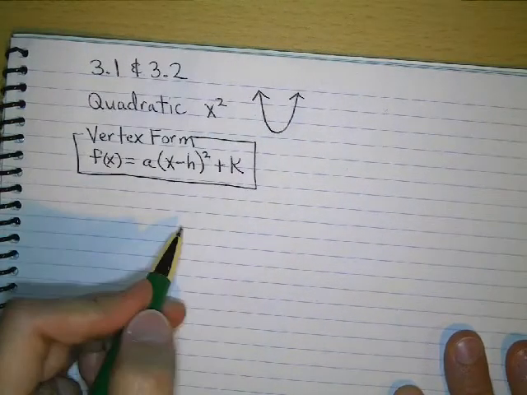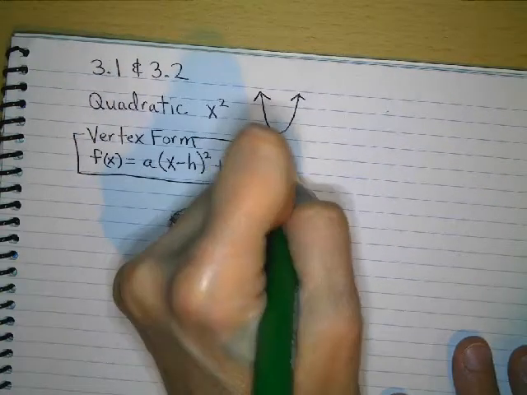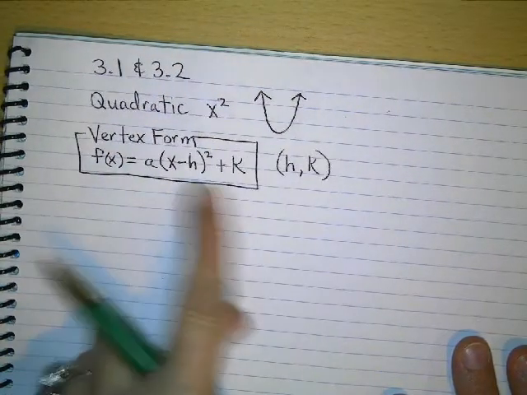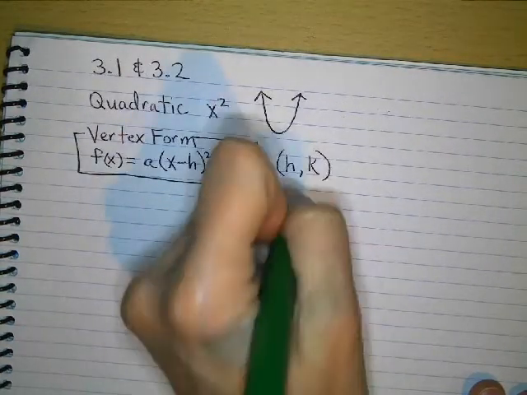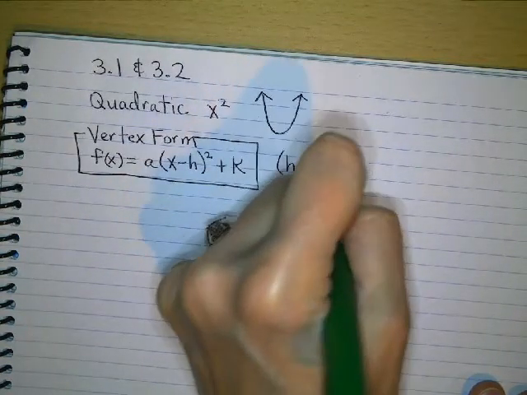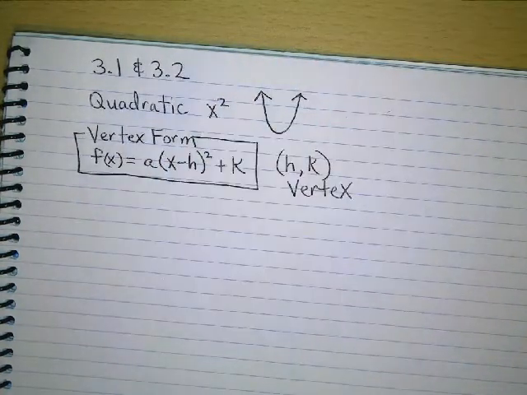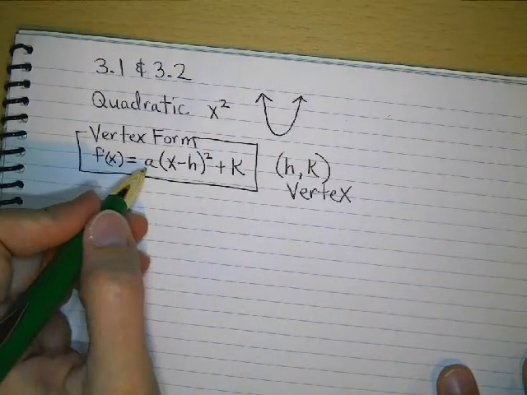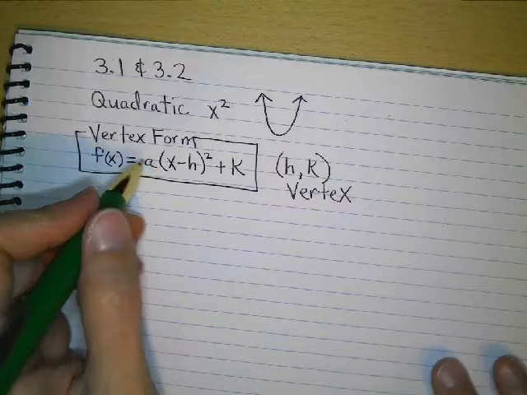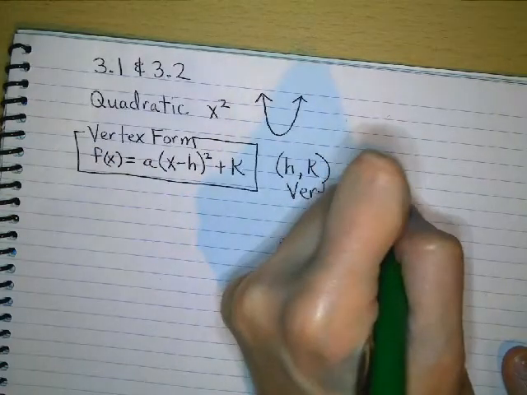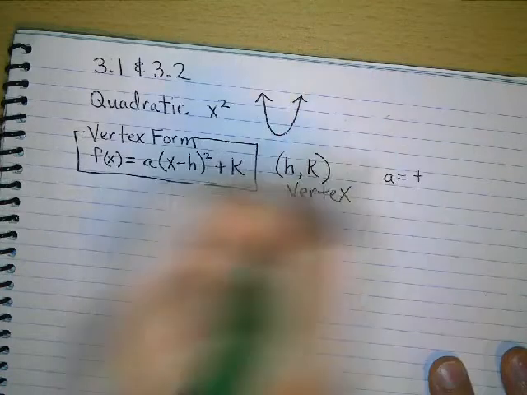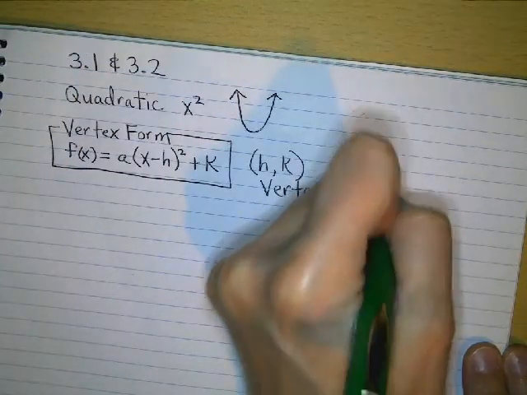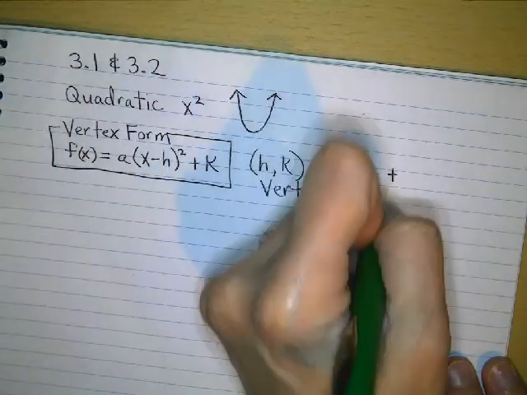So in that formula, you see a letter H and a letter K. That is the vertex. The H and the K give you the vertex of the parabola. And the number in front is A. If A is a positive number, like a positive 2 in the front, then your parabola opens up.